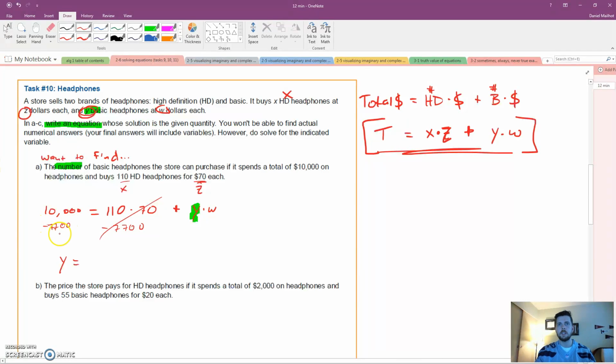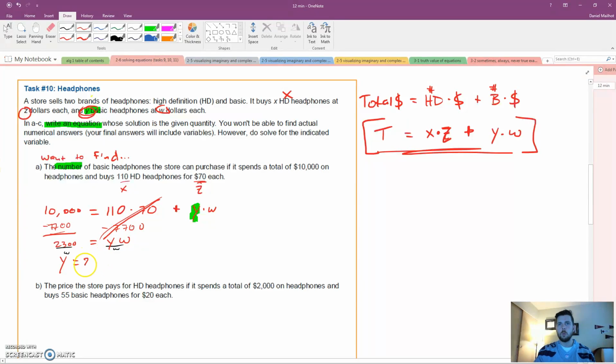I did the work over here. 2,300 equals YW, right? Those canceled. We subtracted over here as well. Well, how do we get this to just be Y? Divide by W on both sides.